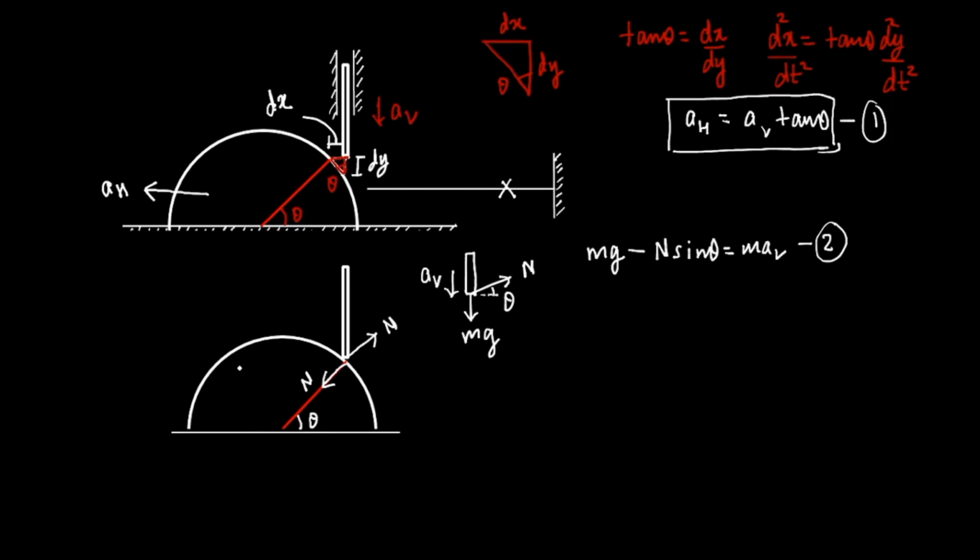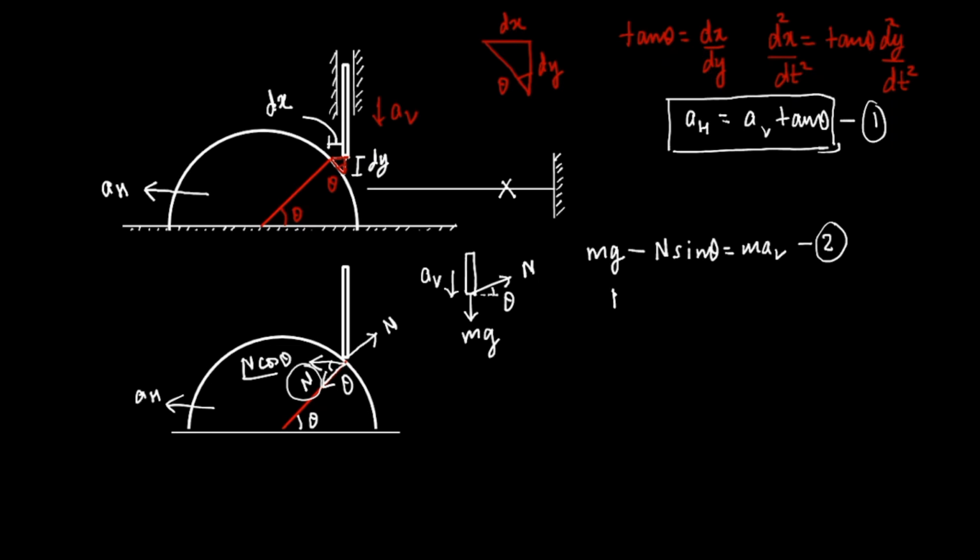Now watch the hemisphere. On the hemisphere, what is happening? N is the force acting radially inward. So the horizontal component will be what? This angle is theta, so the horizontal component is N cos theta. And this is the only force which is trying to push it with acceleration AH.